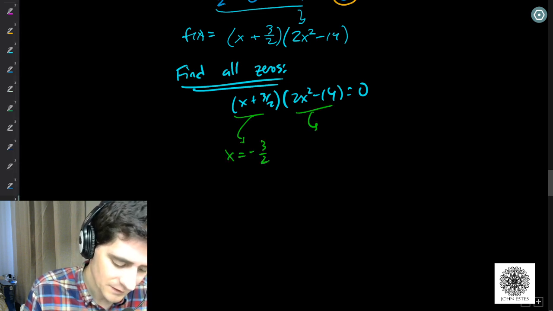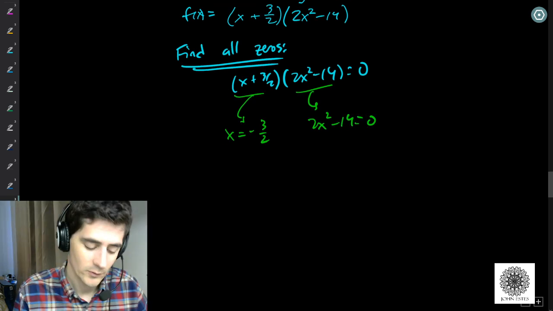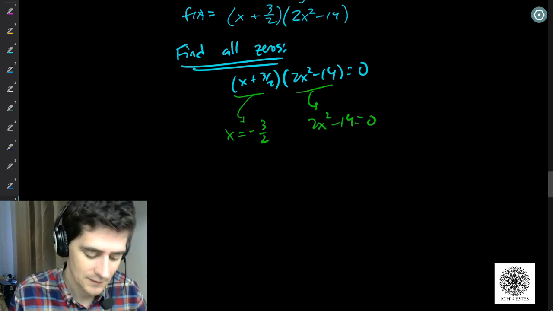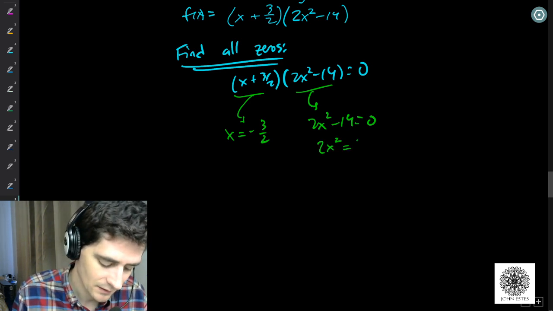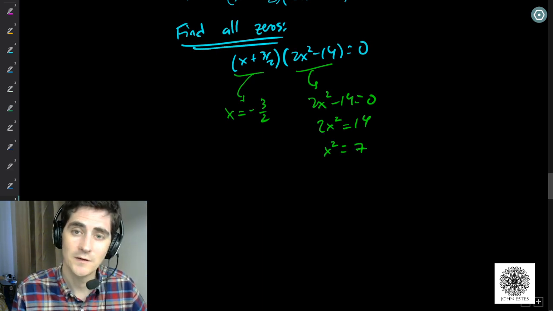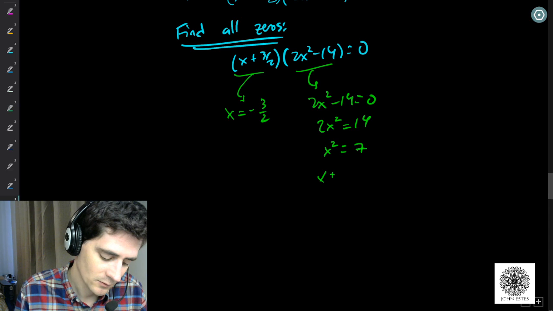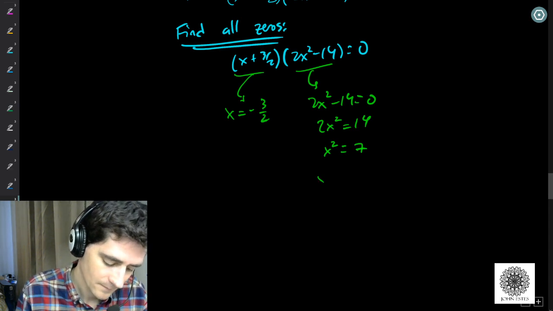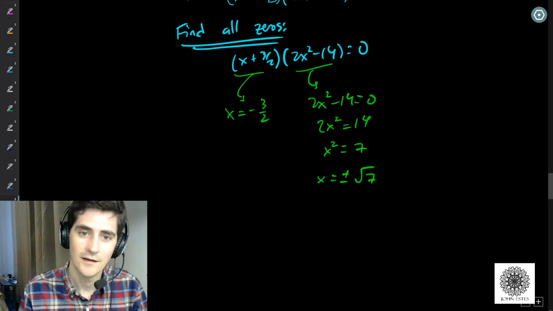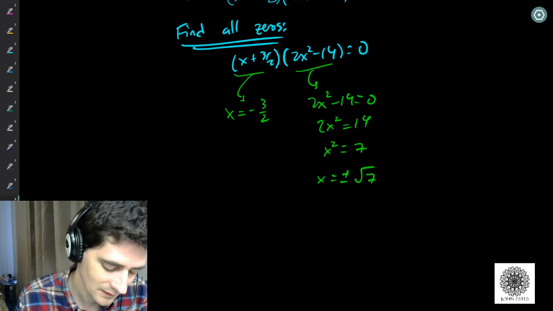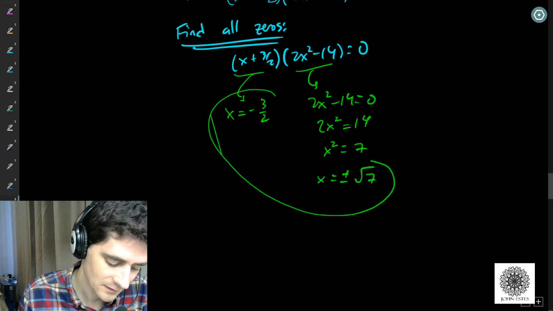And from the other factor I have 2x squared minus 14 equals 0, which I could use the quadratic formula on if I needed to, but I don't need to here. I get 2x squared equals 14, or x squared equals 7, dividing both sides by 2. So x equals plus or minus the square root of 7. So there are my 3 zeros.